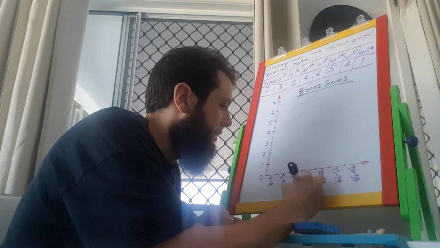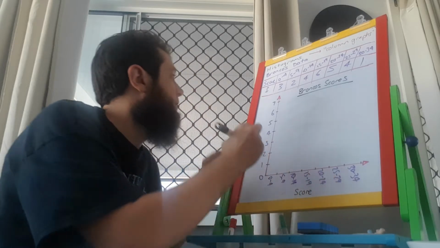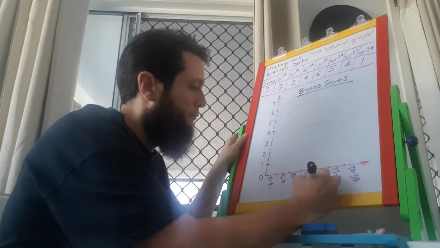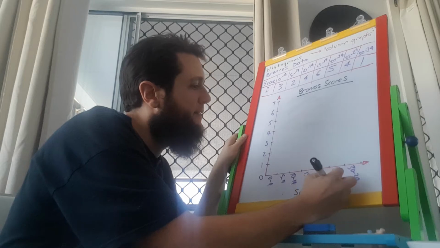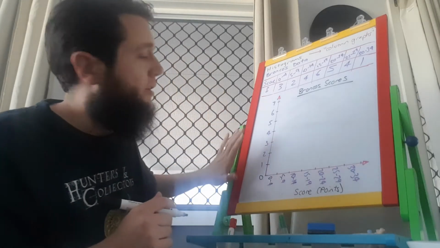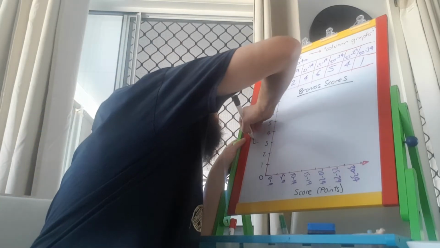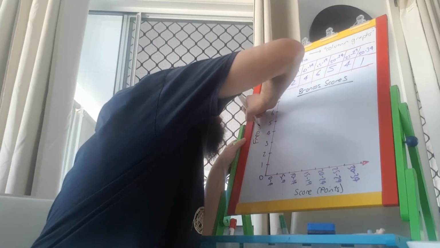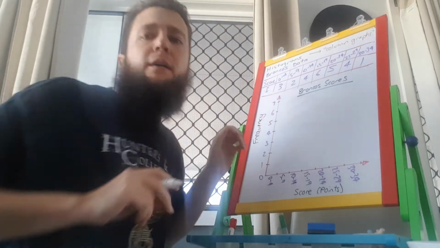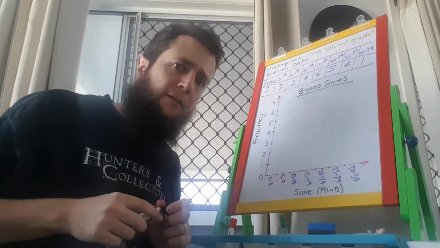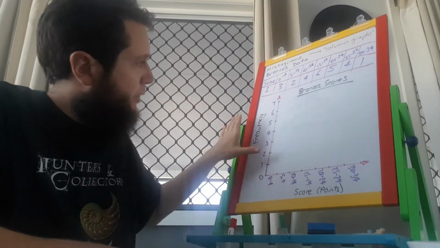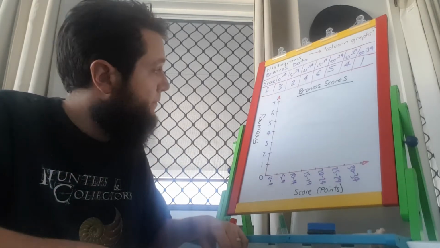So these are the actual scores, which are measured in points. And on this axis, it's the frequency. So we'd write frequency. Easy marks remembering that sort of stuff in maths tests, remembering both your axis labels and your titles.